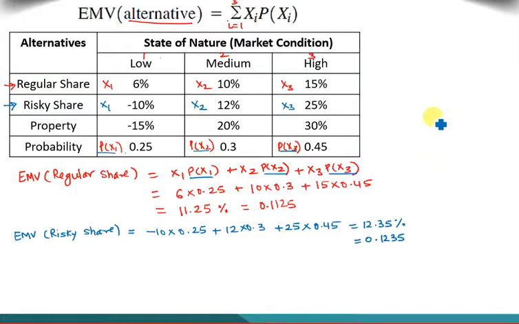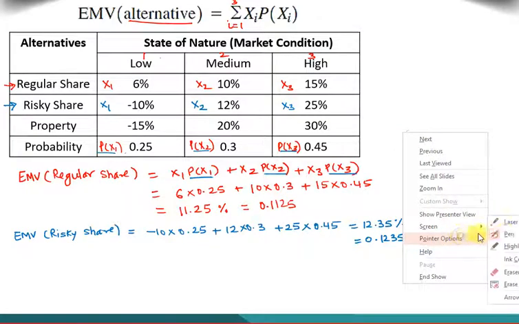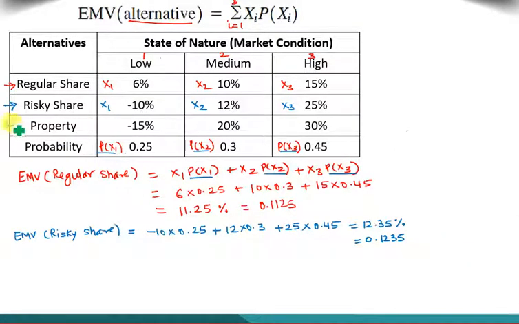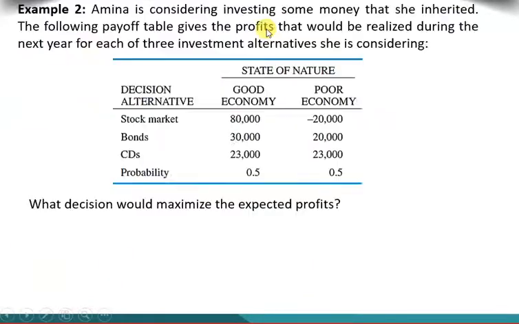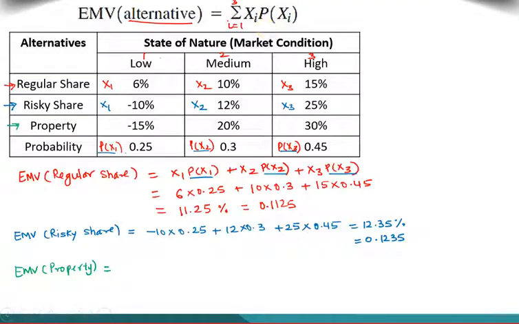Similarly, we have to calculate the EMV for the third alternative, which is property. Means what will be the expected monetary value when we make the investment in property. So again, we are going to use same formula. It means only changes will be here. This will be your x1, this will be x2 and this will be x3.